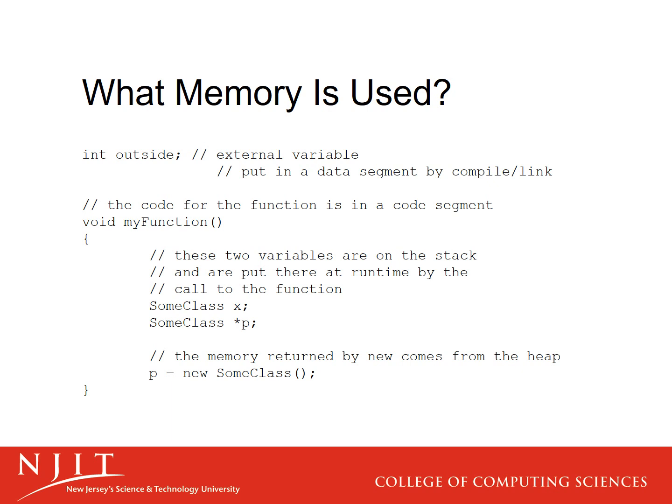It's a little bit more complicated than that because p is a pointer, so the value that is bound to p is an address. So p is on the stack, but the address that's stored in it, the value that is bound to it, is on the heap.